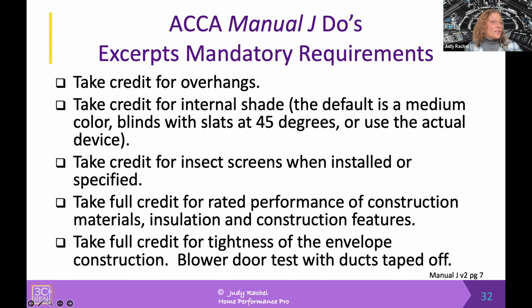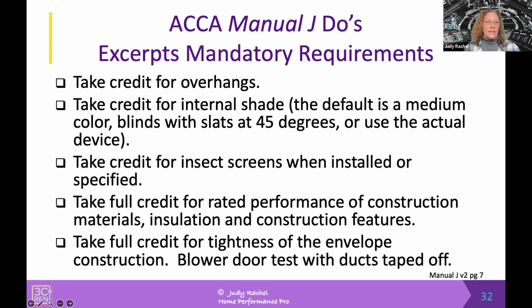We need to take credit actually for internal shade devices. So we don't ever make the assumption that people are just going to leave their windows without any type of shading devices. We need to either talk to homeowners and ask them if we are in an existing home, we can actually see them and we need to take note of them. And if we're looking at new construction, we can get a sense of, based on the room and the type of window, what type of shading device or whether there will be a shading device on that, and we need to make those choices.